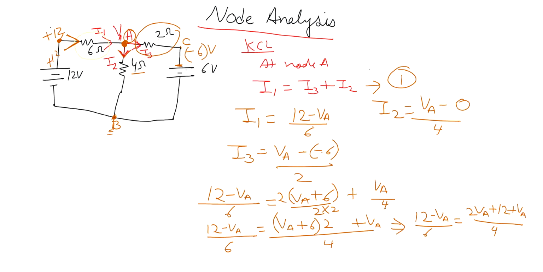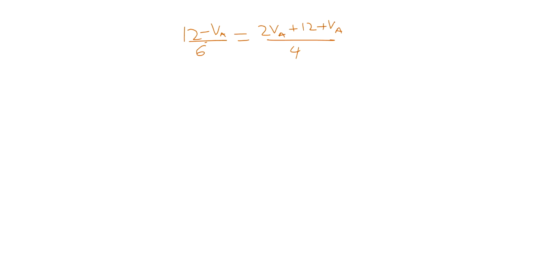So this gives you (12 minus VA) divided by 6 is equal to (3 VA plus 12) divided by 4. So you cross multiply to solve it further.